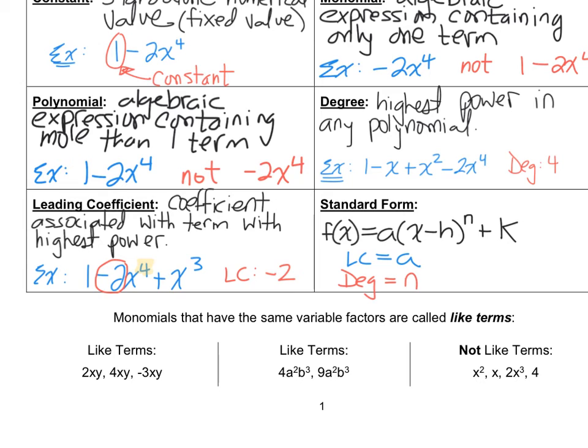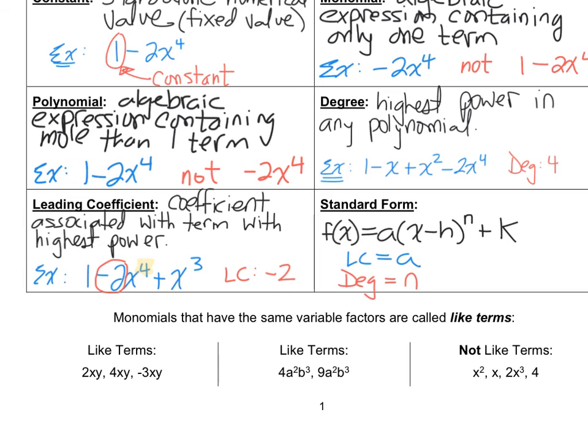Monomials that have the same variable factors are called like terms. So basically, if they're made up of the same variable stuff, then they're like terms, and then you can combine them. So you see each one of these has an x, y. Forget about the coefficients, not important when it comes to like terms, just the variables. Do the variables have the same structure? So basically, is your monomial or all of your monomials made up of the same variables with the same powers?